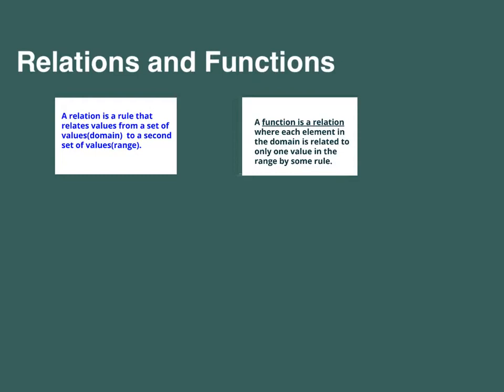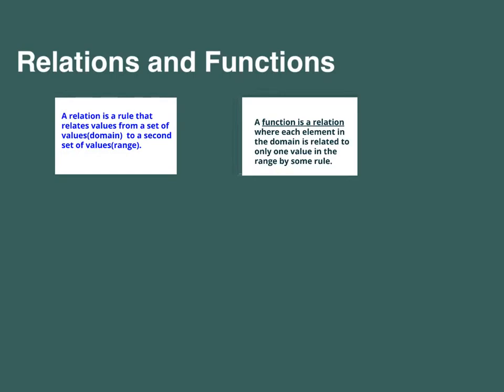As we can see from the definition, a function is a relation, meaning to say it is just a specific example of a relation. However, it will be different from the other relations we call mere relations because the domain is related only to a single value in the range.